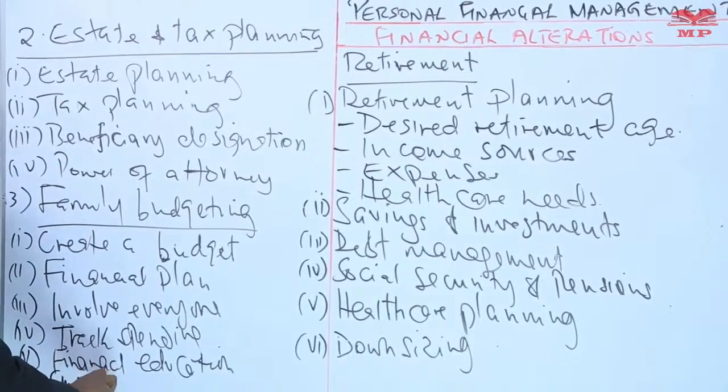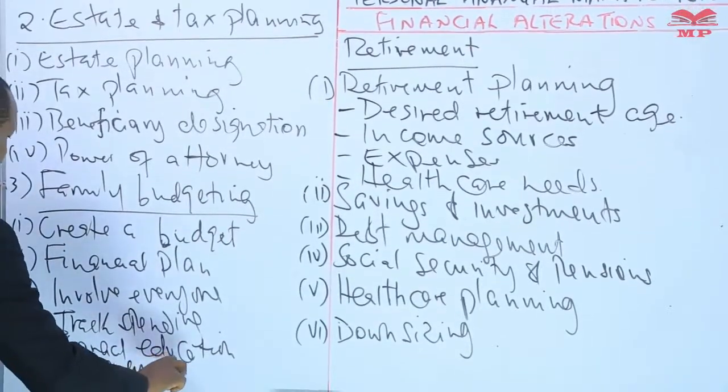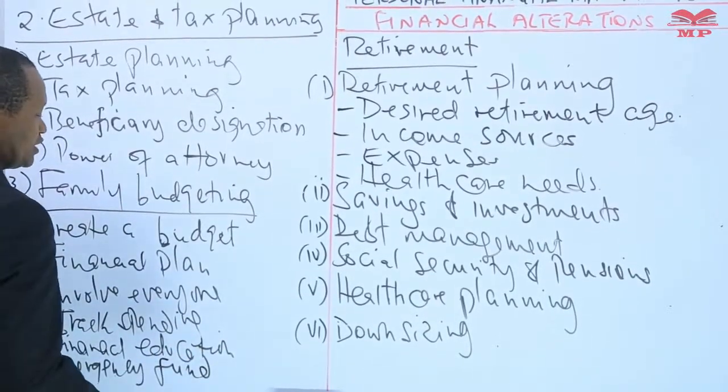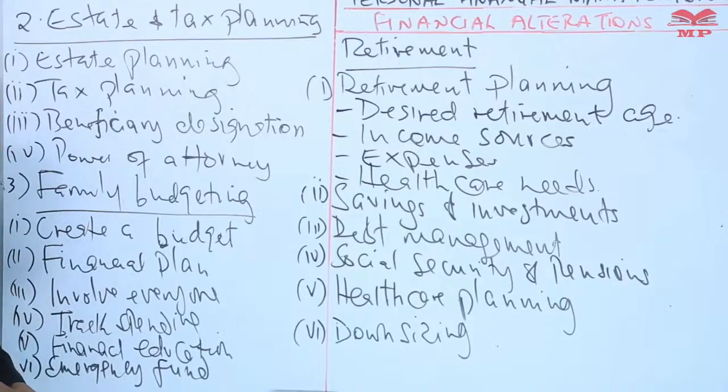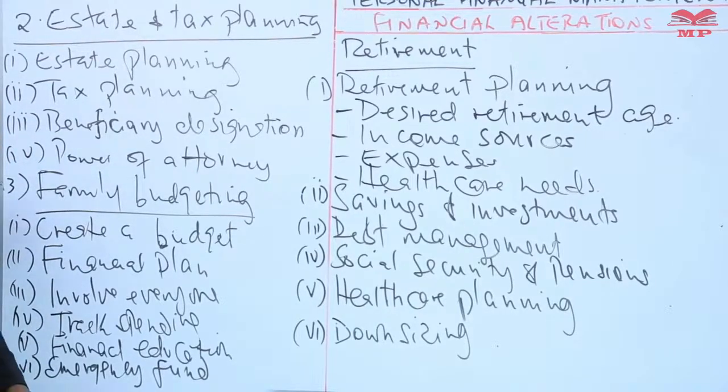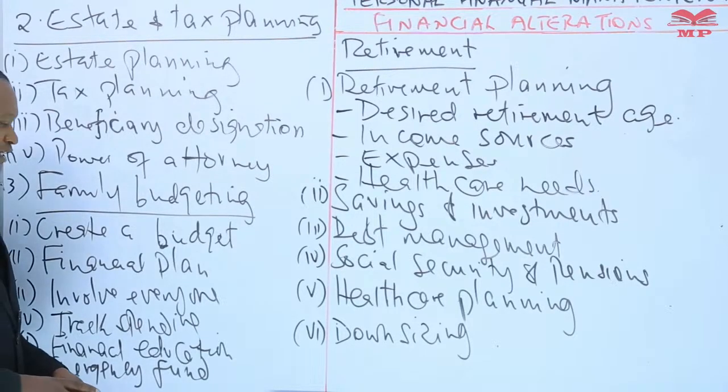Emergency fund. We've talked quite a lot about emergency funds in our lessons on personal financial management. We've seen why in our previous lessons it's critical to build a family emergency fund in order to cover unexpected expenses and financial hardships.